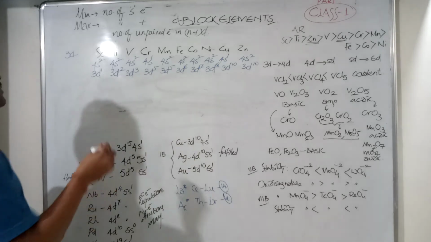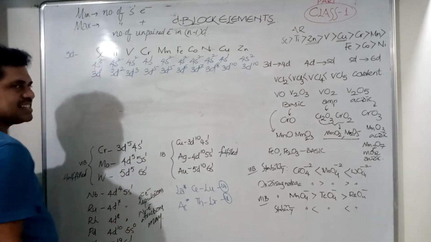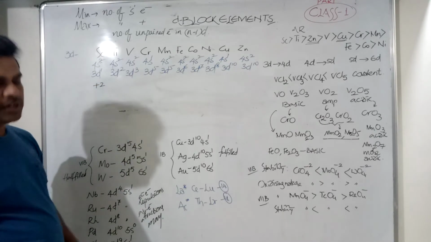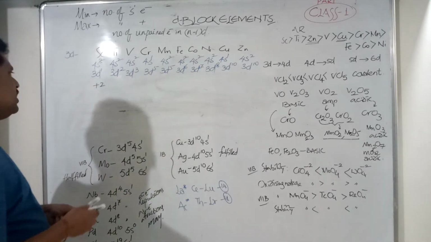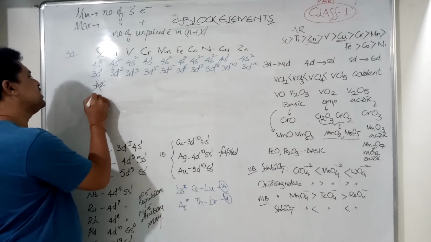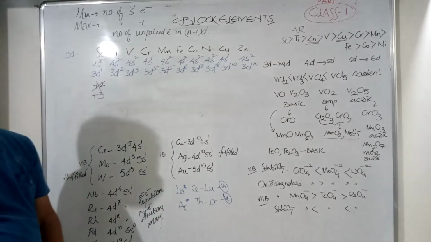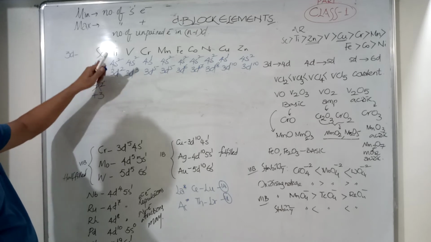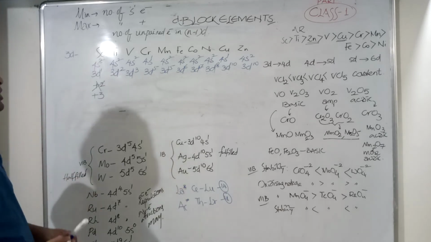Now, the minimum oxidation state means the number of s electrons, so it should be 2. But surprisingly, interestingly, there is no +2 state for scandium. Scandium shows only the +3 state. So for scandium, only +3 is the oxidation state.